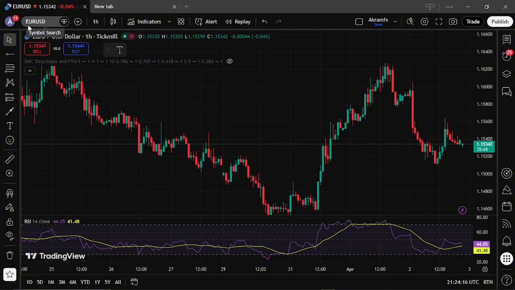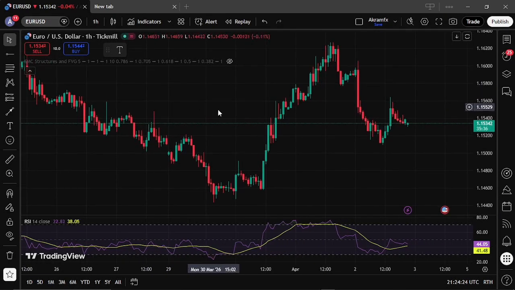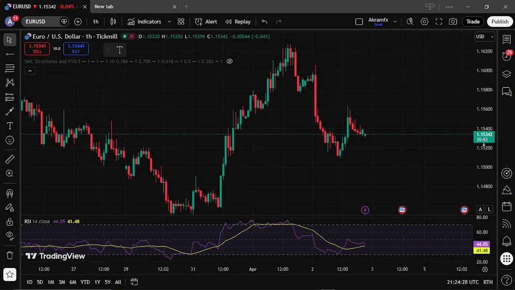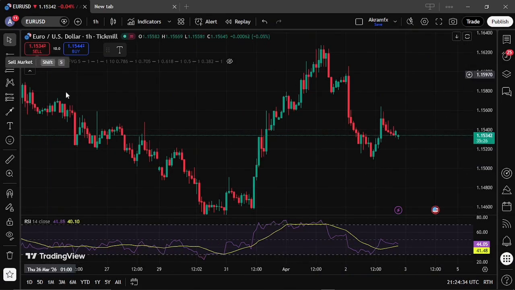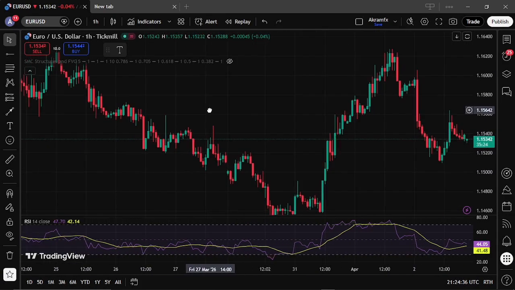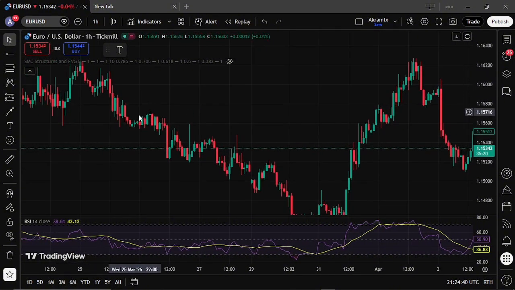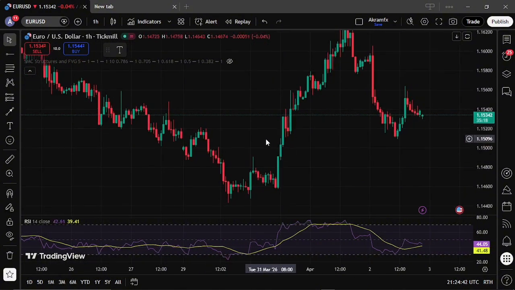It's having the Euro, the USD, of which the first two letters represent the country and the third letter represents the currency of that country. Now, this is the rate, the one that you see, 1.15342. This is the current rate of this pair. Basically, now people are wondering, why are some moving down and others are moving up? We shall see that in later videos.